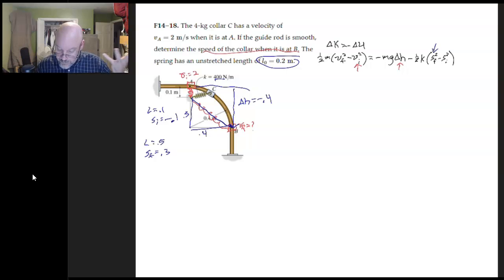Now look at this. Does this seem weird to you? If I put my positive number in there, that's fine. If I put my negative number in there, that's going to turn out to be a positive number. Huh. But if it's just a positive number, how do I know if it's compressed or stretched? How am I going to know that? Well, let's think about it this way. Let me get a new color here.